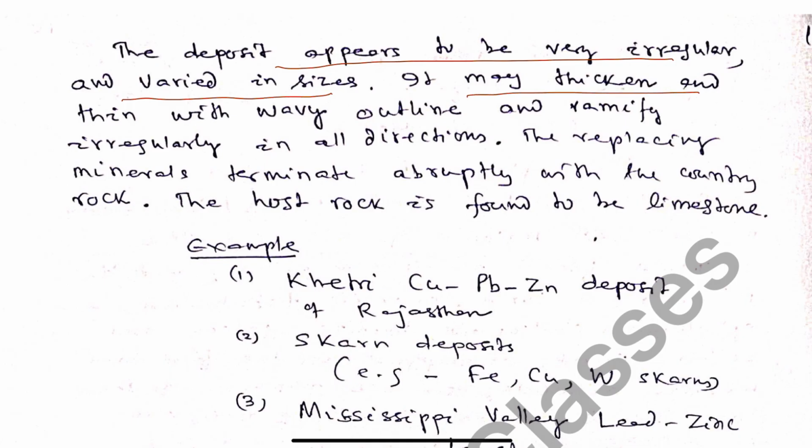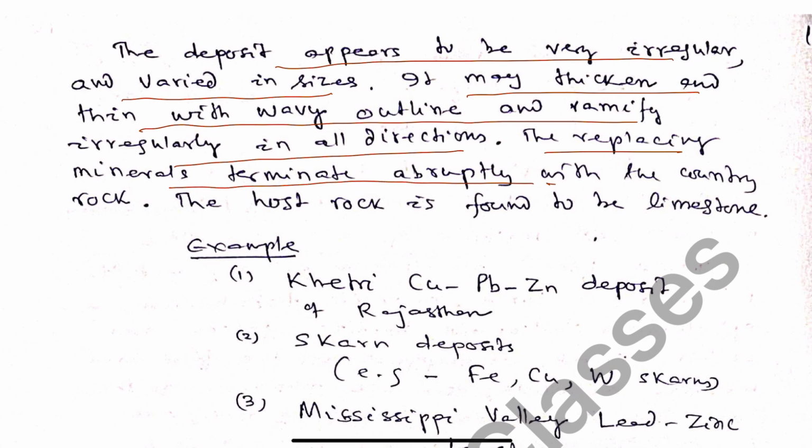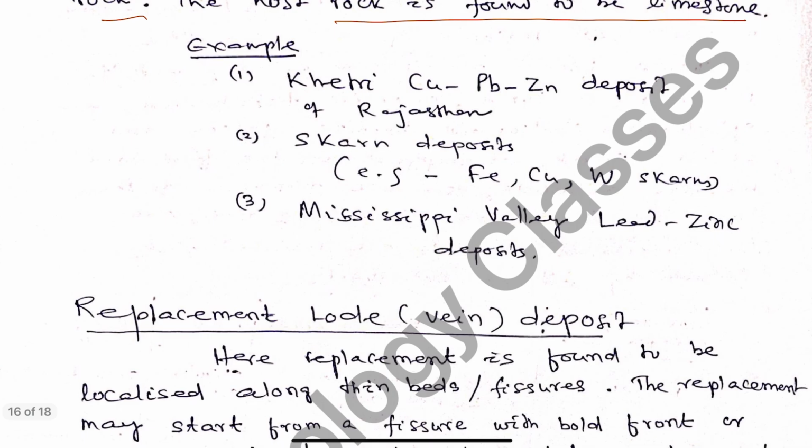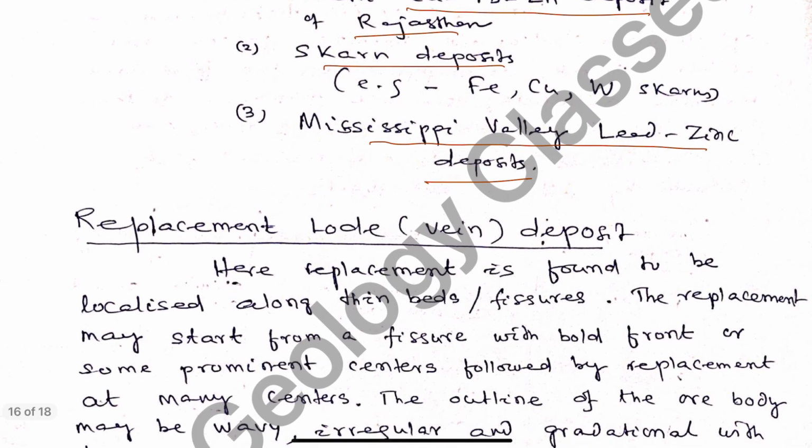It may thicken and thin with wavy outline and ramify irregularly in all directions. The replacing minerals terminate abruptly with the country rock. The host rock is limestone. Examples: Khetri copper, lead, zinc deposit of Rajasthan, skarn deposits in limestone countries, Mississippi Valley lead zinc deposits.